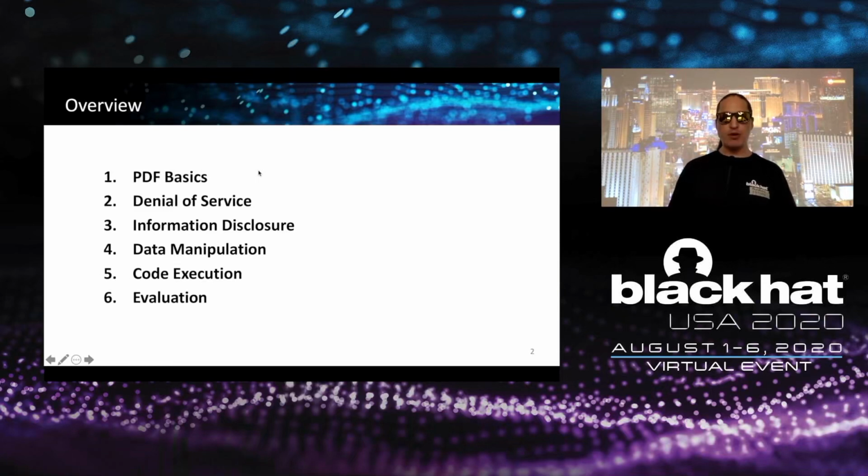Then I'm going to introduce our 4 attack classes based on malicious documents that basically lead to denial of service, affecting the host on which the document is processed, information disclosure attacks leaking personal data out of the victim's computer, manipulation of data, and even code execution on the victim's machine. And finally, I'm going to provide an evaluation of those attacks on 28 popular PDF viewers, as well as countermeasures for developers.